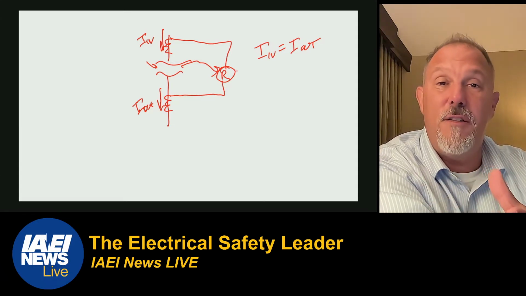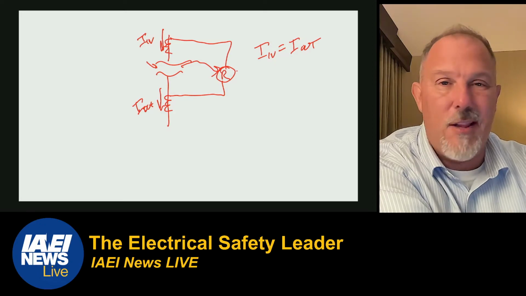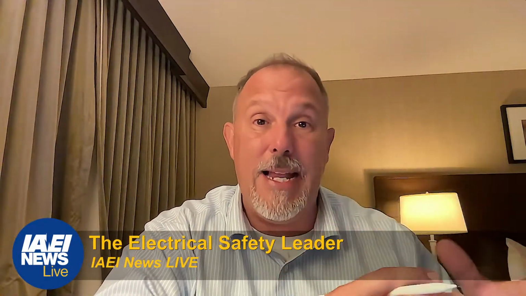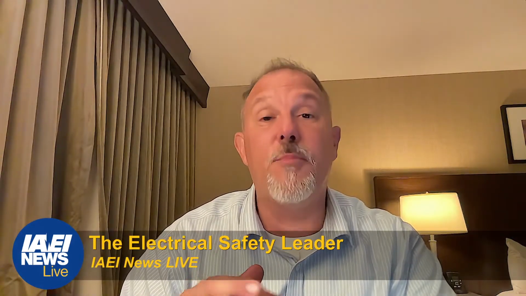If the temperature of the transformer, or even motors, we do this a lot with motors, is rising, the time current curve of the relay, the protective device, will respond in accordance with that to adjust itself and provide a better level of protection. So there are things that we employ for large transformers that we don't employ for smaller transformers, like your 75s and your 112.5s. But keep that in mind.